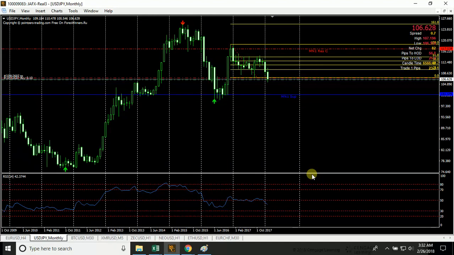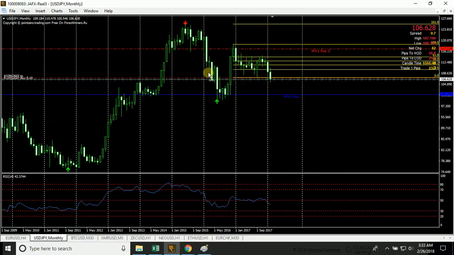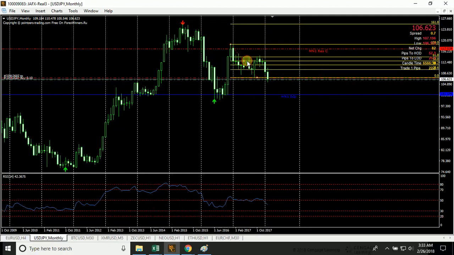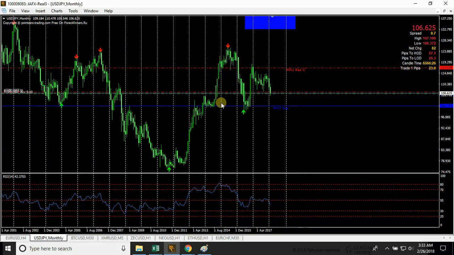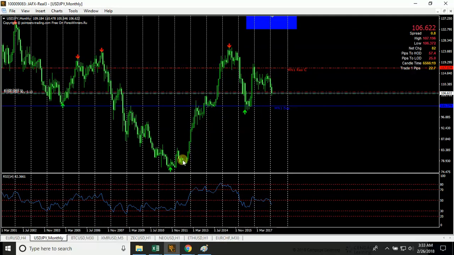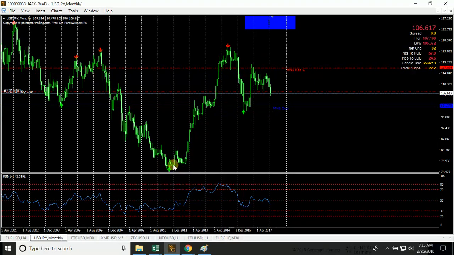Here on the monthly we can see resistance, support, high, low. Now, looking at it like this, deeper out, this low is lower than this low, higher than this low.